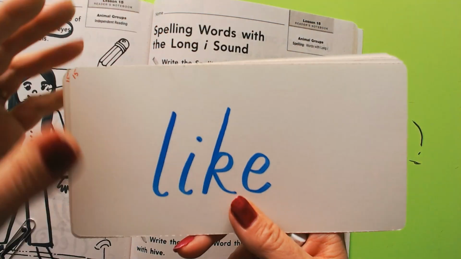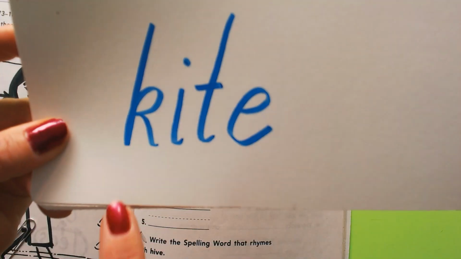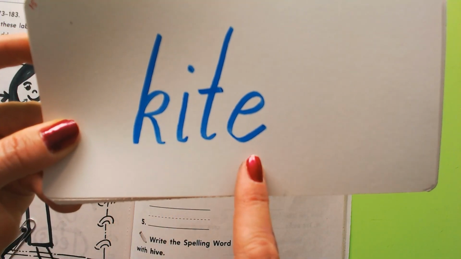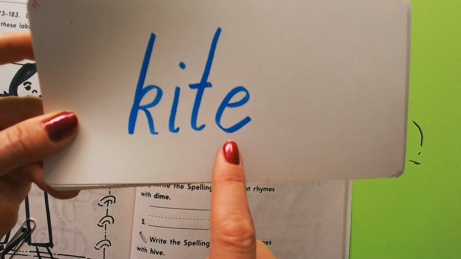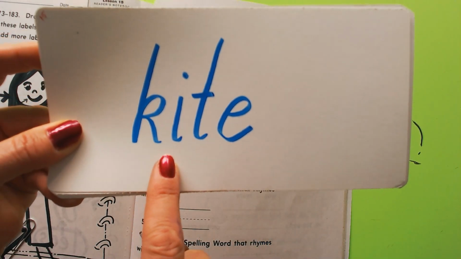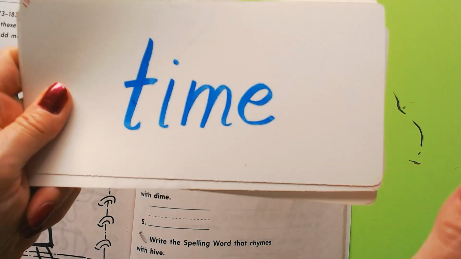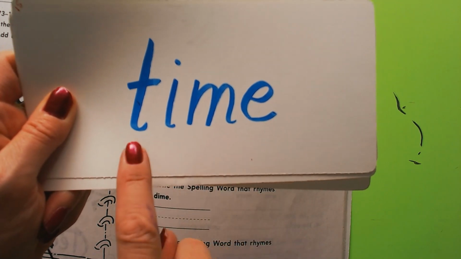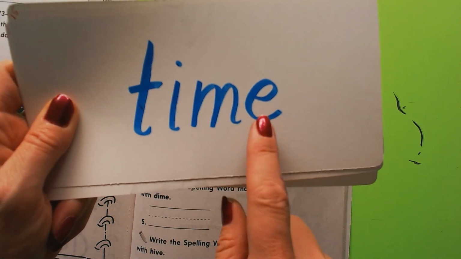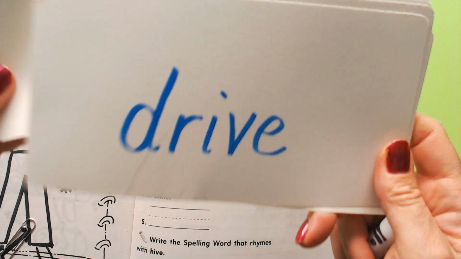Do you like watermelon? I do. Kite. Don't forget the E. It's silent, but it's necessary to make the I say its name. Kite. Time. The E is necessary to make the I say I. Time. What time is it?